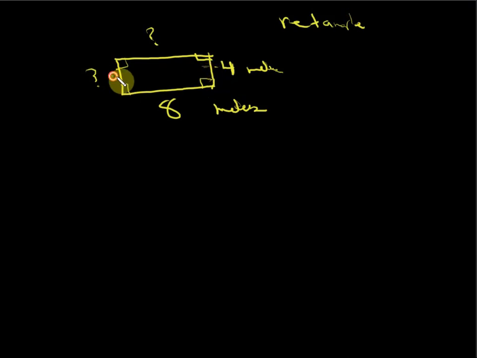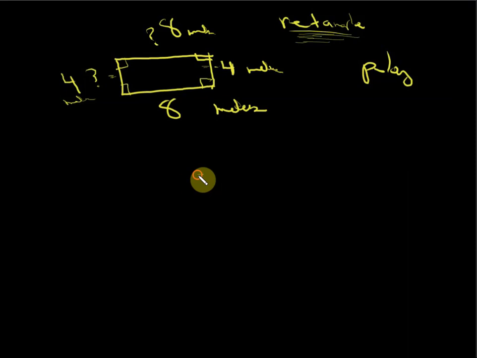If you're familiar with geometry and proofs, we know that this side's 4 meters and this side is 8 meters. So the name of the polygon will give you the properties. If it just says polygon, if I didn't tell you this is a rectangle, what would the polygon be, right?